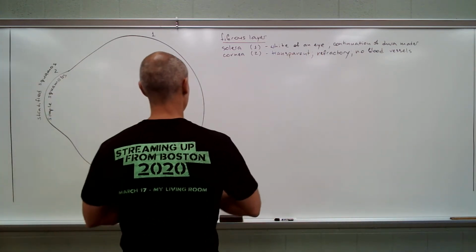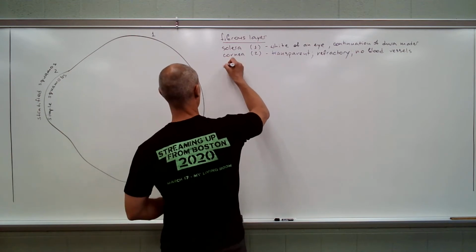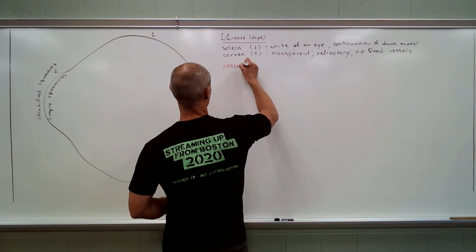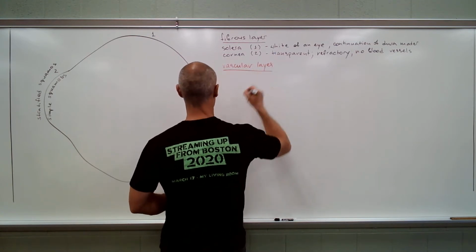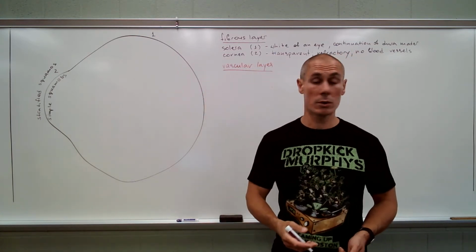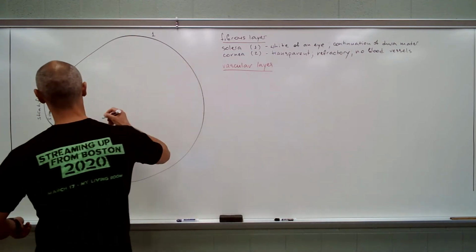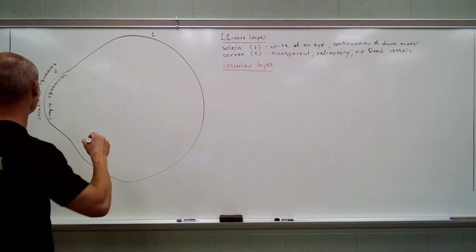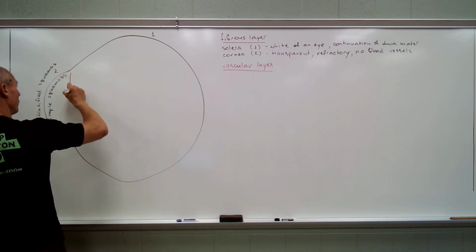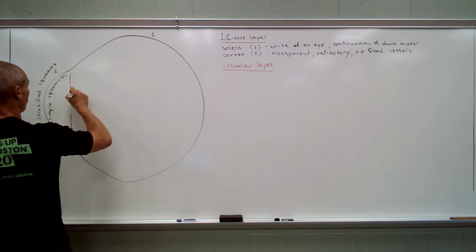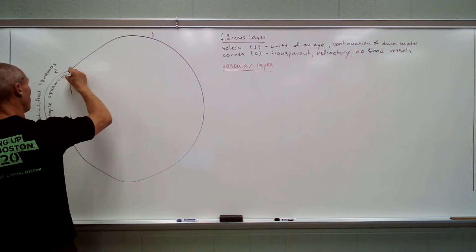Next layer is called vascular layer. As you can imagine from the name, one of the main functions of it is the blood supply. But not only this, now I'm contemplating how I'm going to draw it.